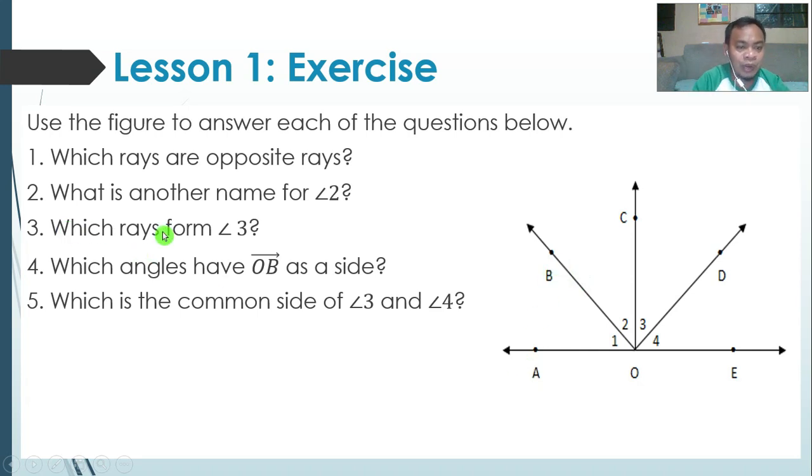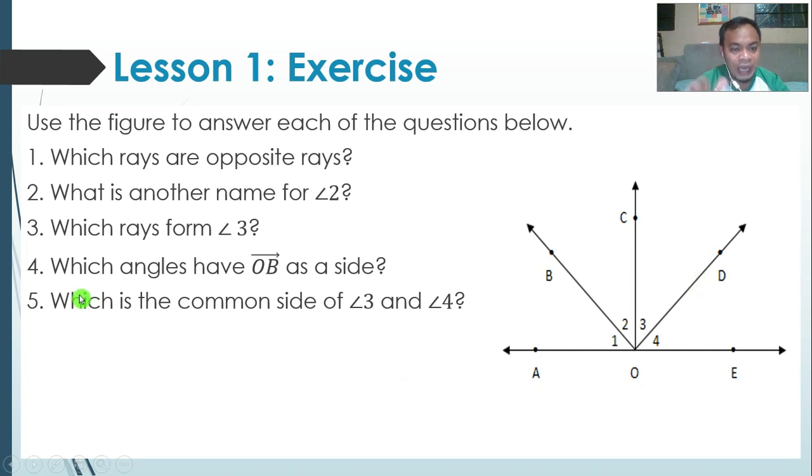Now, which rays form angle 3? Ito si angle 3. Saan po yung rays na nakagawa ng angle 3? So, we have here ray OC and ray OD. Diba? Through these rays, nabuo si angle 3.